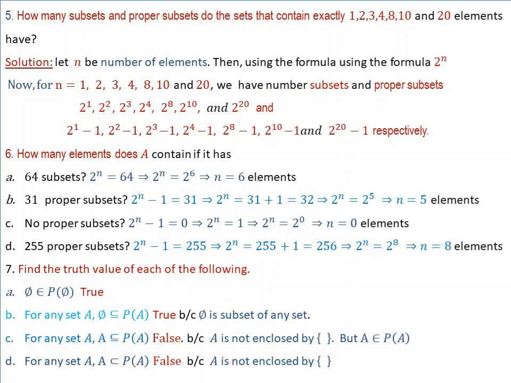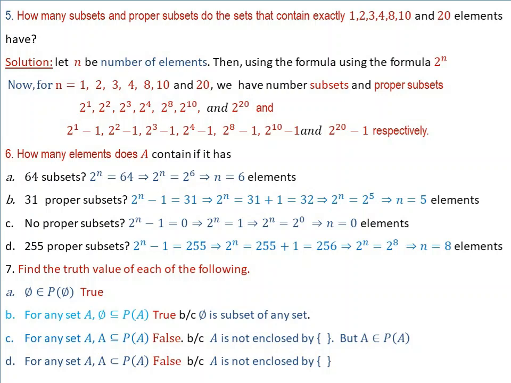Then by adding 1 to both sides, we have 2 to the power of n is equal to 31 plus 1, which is 32. But 32 is 2 to the power of 5, then we have 2 to the power of n equals 2 to the power of 5. Now 2 to the power of n is equal to 2 to the power of 5.